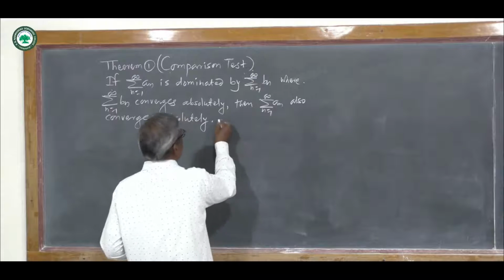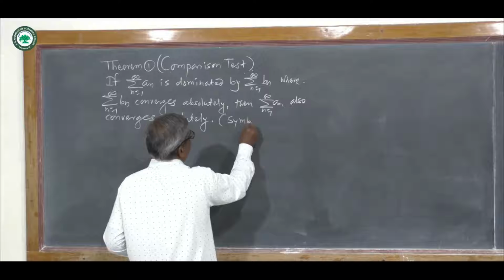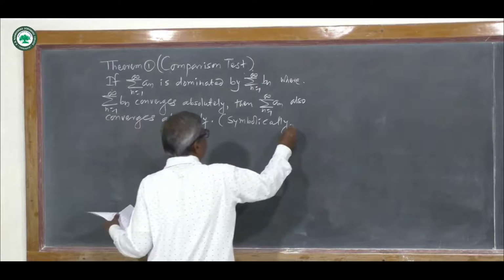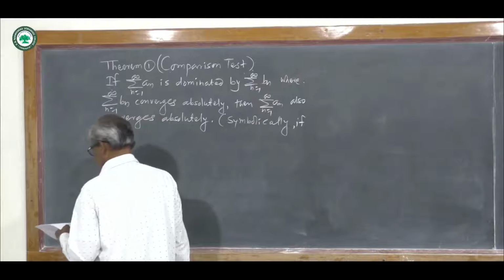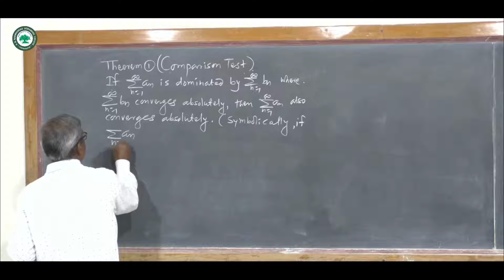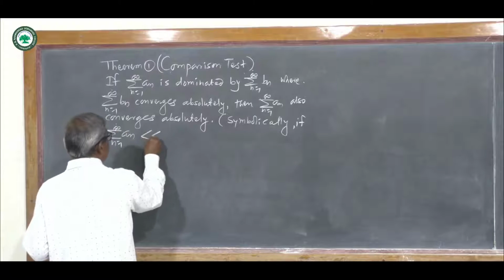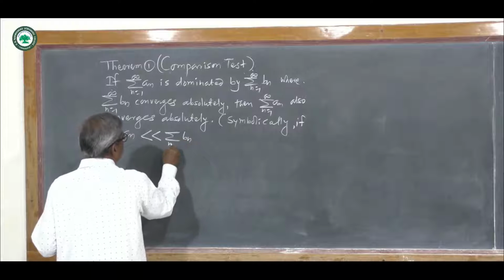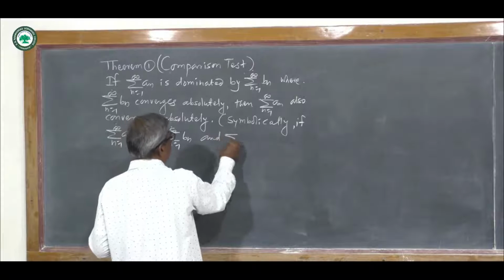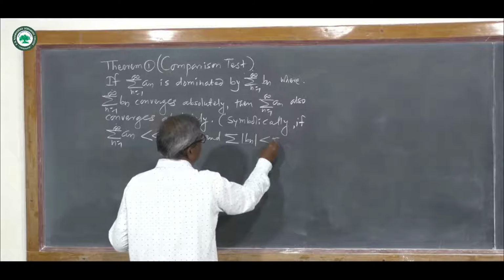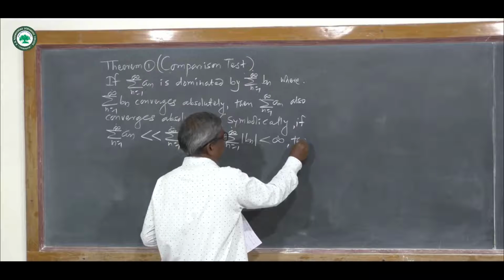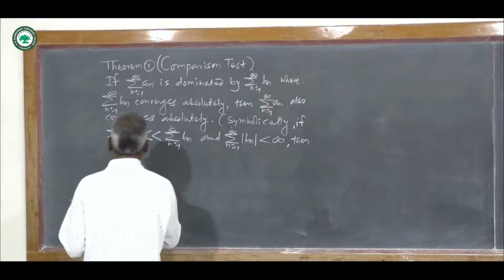Symbolically, we write this comparison test as: if sigma an is dominated by sigma bn, n is equal to 1 to infinity, and sigma mod bn is less than infinity, then sigma mod an is also less than infinity.